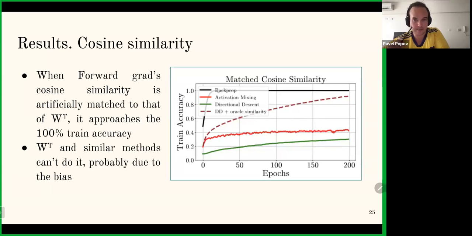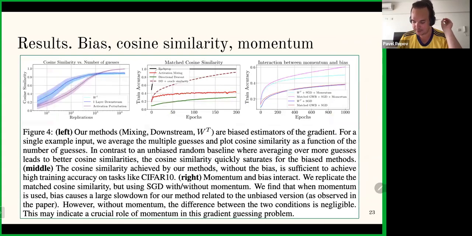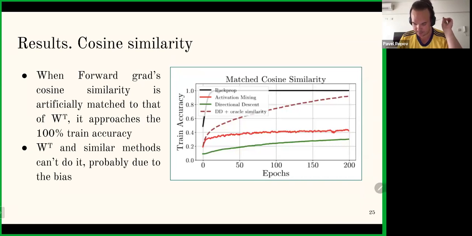And they see that then forward gradient has a better cosine similarity, not the 10 to the power of minus 4. It used to have about 10 to the power of minus 2. Forward gradient actually becomes quite good and better than the proposed models. So I think it proves that forward gradient can be good. Its main issue is that it has bad cosine similarity. But then its cosine similarity reaches 10 to the power of minus 2. It seems like it is already good.